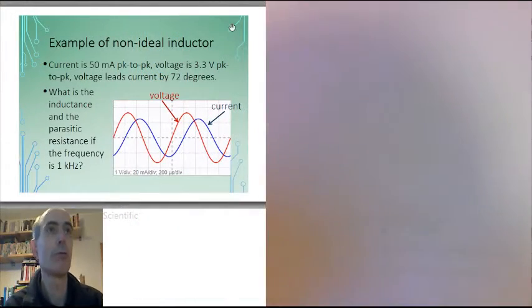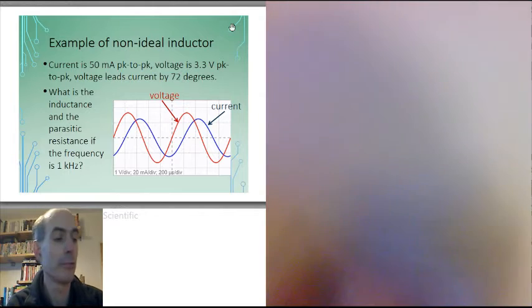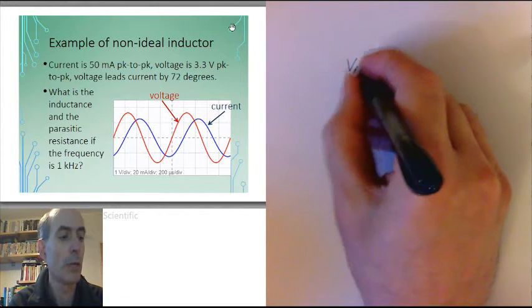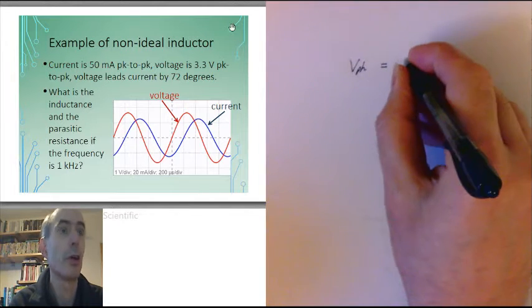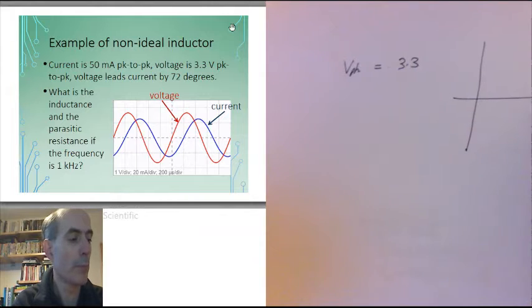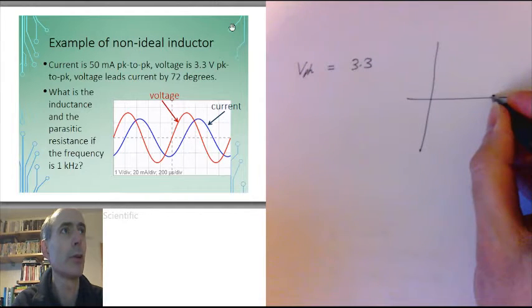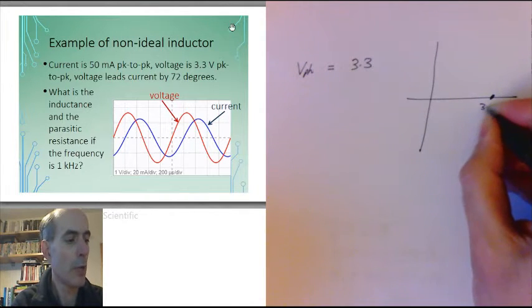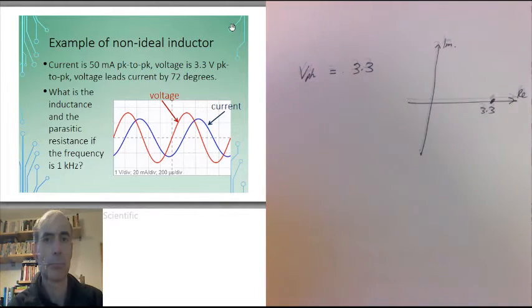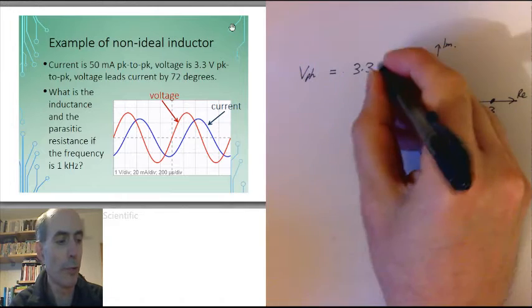If we use our voltage as our reference phase, then we would represent the voltage phasor as being just 3.3, and that would be a real 3.3. It would appear there on the Argand diagram at 3.3, real, imaginary, and that's 3.3 volts.